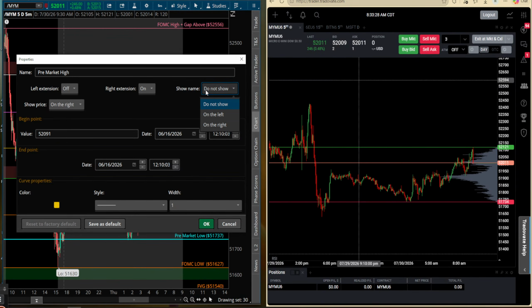Okay, I have the 5 minute time frame here. We are testing the value area low. Let's see what happens here.